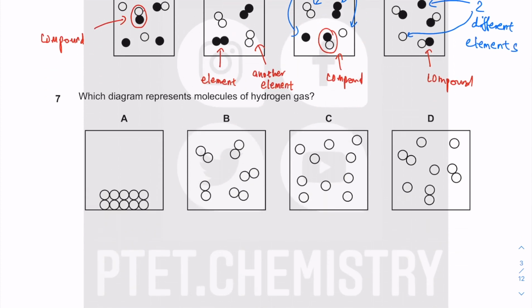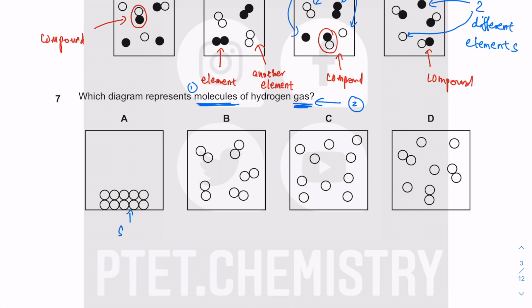Number 7. So we are looking at molecules. That's number 1. A molecule consists of two or more atoms bonded together. Now you are looking at gas. Okay, so you know the gas particles, in this case the molecules, not atoms, are very far apart. They move randomly at high speed.